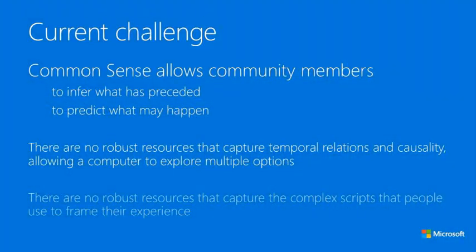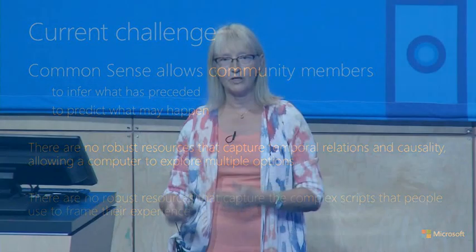Also, I don't know of any robust resources that really capture the complex scripts that we use to frame our experience, which goes back to Winograd, the restaurant script. If I walk into a restaurant, the waitress, okay. So I have a whole set of expectations. We do not have a robust resource that captures what are the set of expectations for any situation.